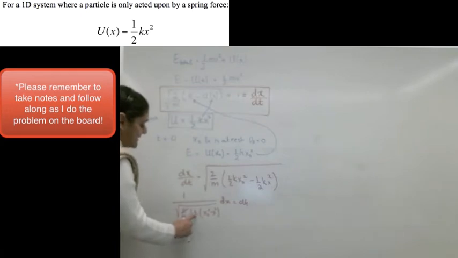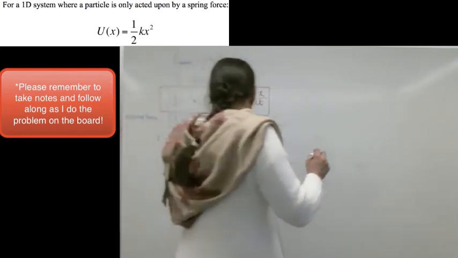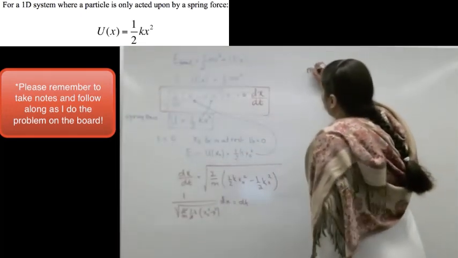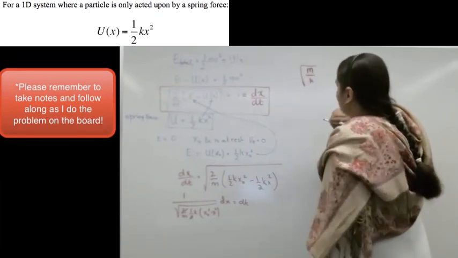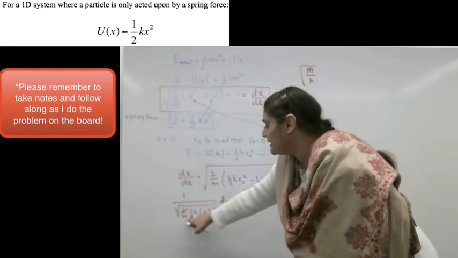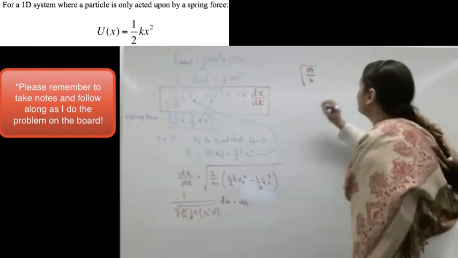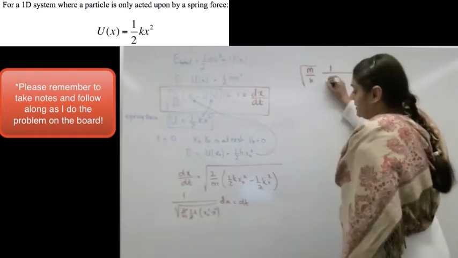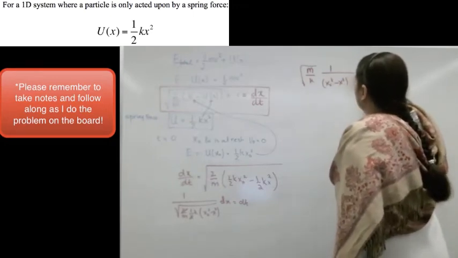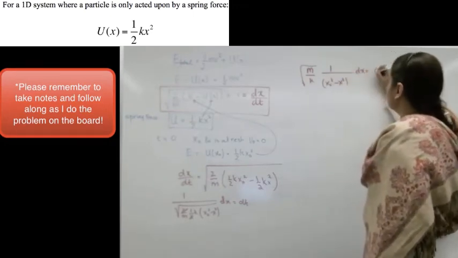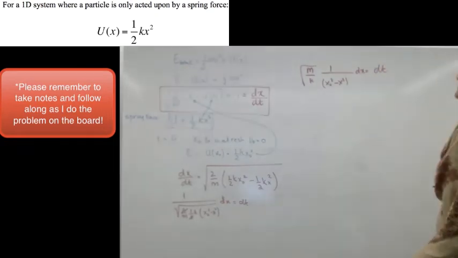I can get these out of the brackets, and what do I get? The square root of m over k, right? I'm going to take these ones out common: 1 over the square root of x naught squared minus x squared dx equals dt. Look at it carefully. Is that what we should be getting?